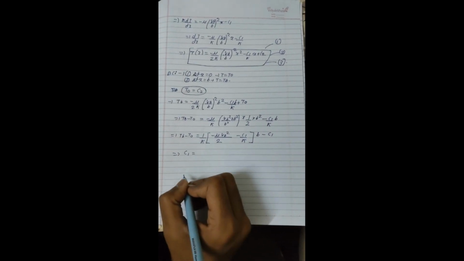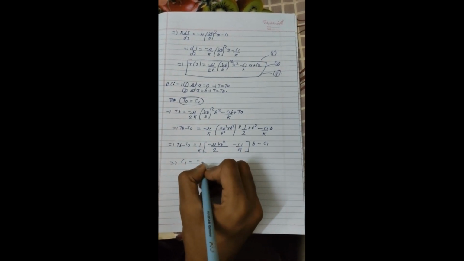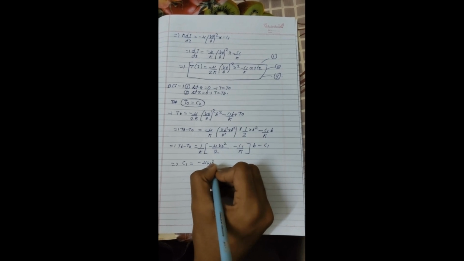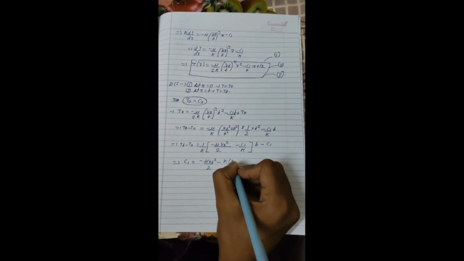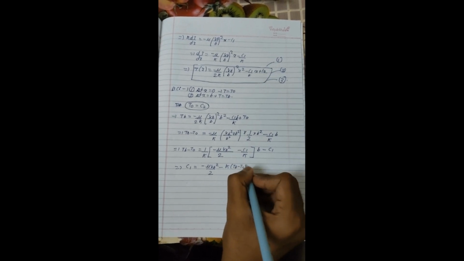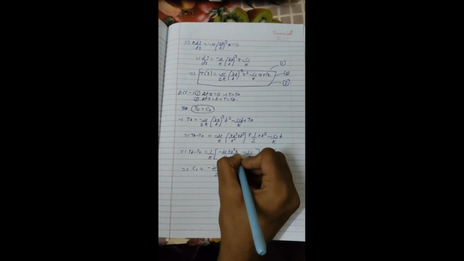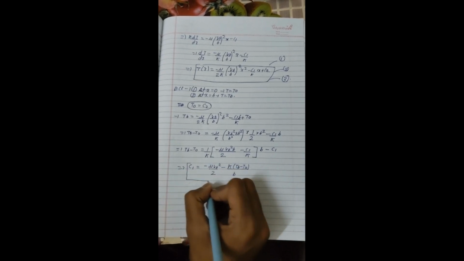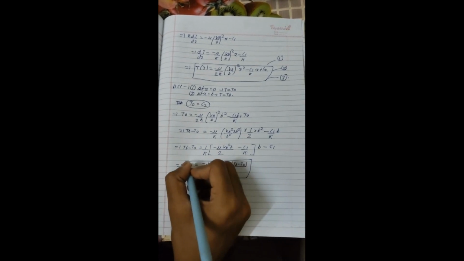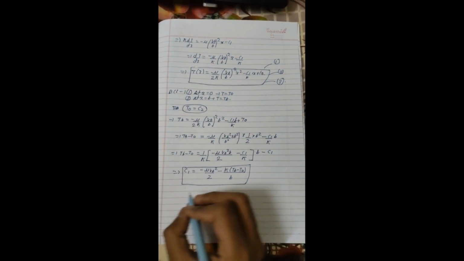So C1, if we try to get the value of C1, that will come out to be minus mu Vb square upon 2 minus k, TB minus T naught upon B. So we got the value of C1 as well.